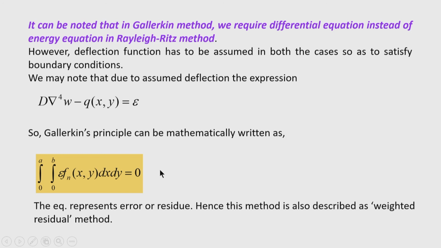But one common thing in the Galerkin and Rayleigh's methods is that the deflection function that you assume should satisfy the boundary conditions, the geometrical boundary condition as well as the force boundary condition. If both boundary conditions are satisfied, the results will be accurate, but if not, at least the geometrical boundary condition must be satisfied, otherwise the results will be erroneous and may not be acceptable in practical applications.